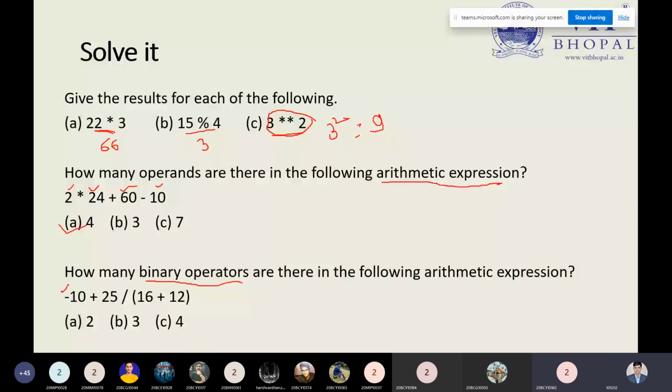No, see, this one is the negative symbol, the plus symbol, and this is a plus symbol, and we have the division. So how many, 4 or 3? Sir, 3. Sir, it would be 2, no? Because we have to check between two numbers, no, sir? We check between two numbers.